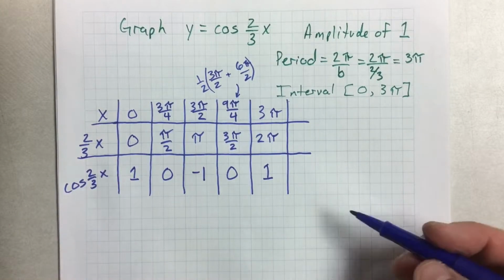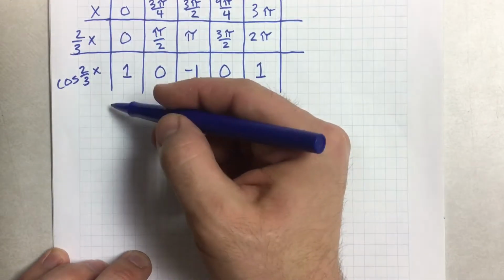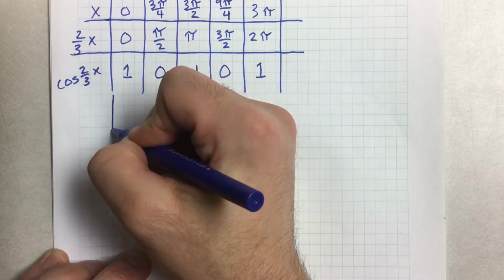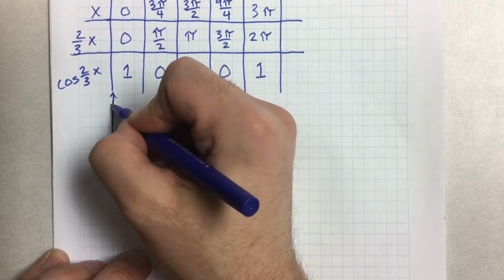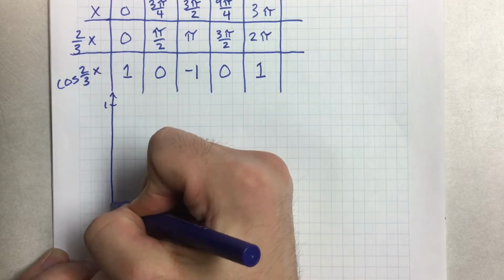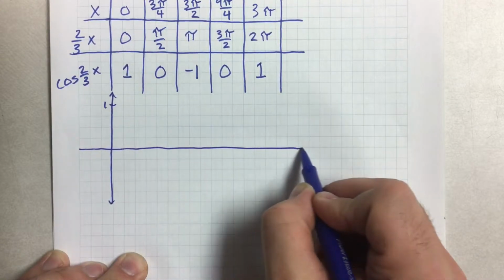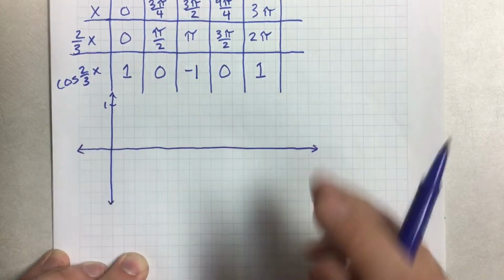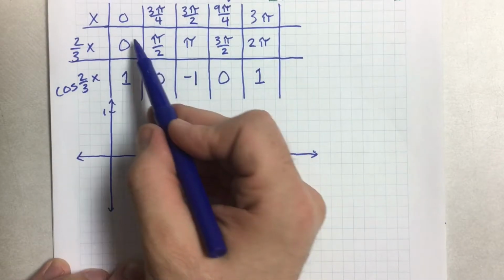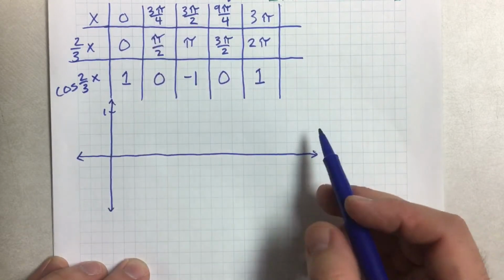All right, so let's make our graph. So again, 4 above and 4 below the x-axis. Okay. Notice how I'm not really using the negative x values just because our period doesn't require it.